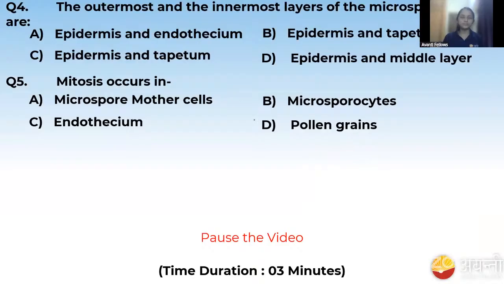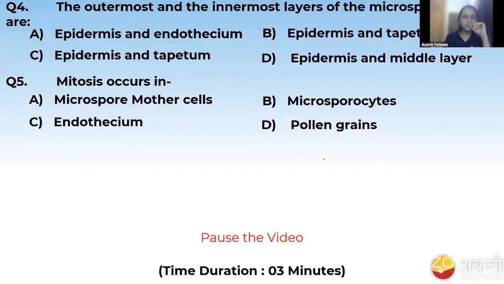Yeah, next question. The outermost and the innermost layer of microsporangium are: epidermis and endothecium, epidermis and tapetum, epidermis and tapetum, epidermis and middle layer.